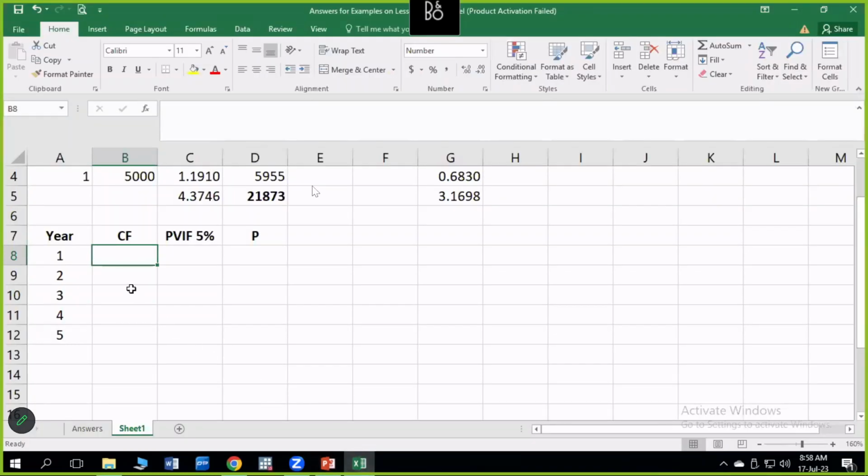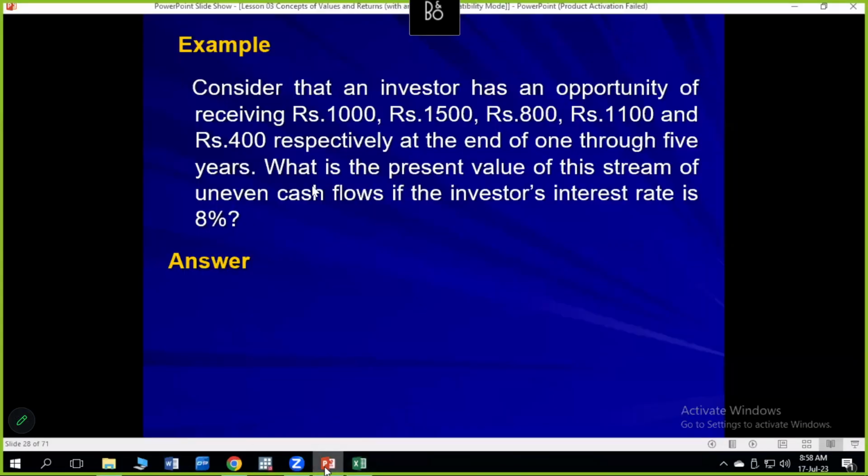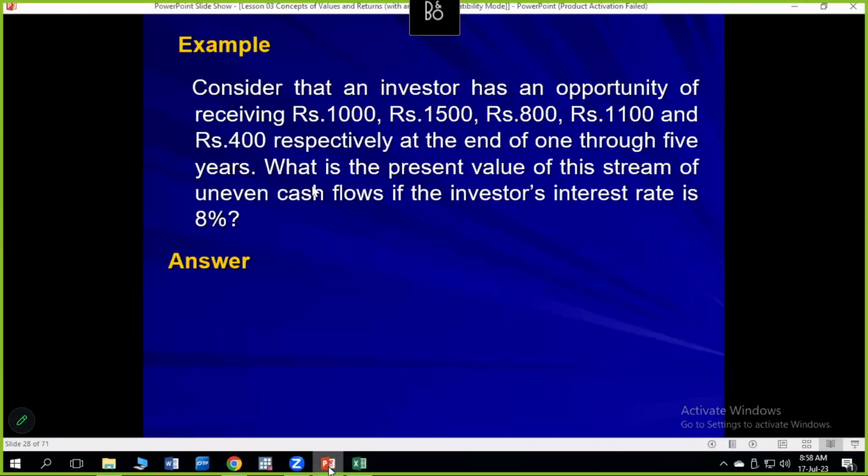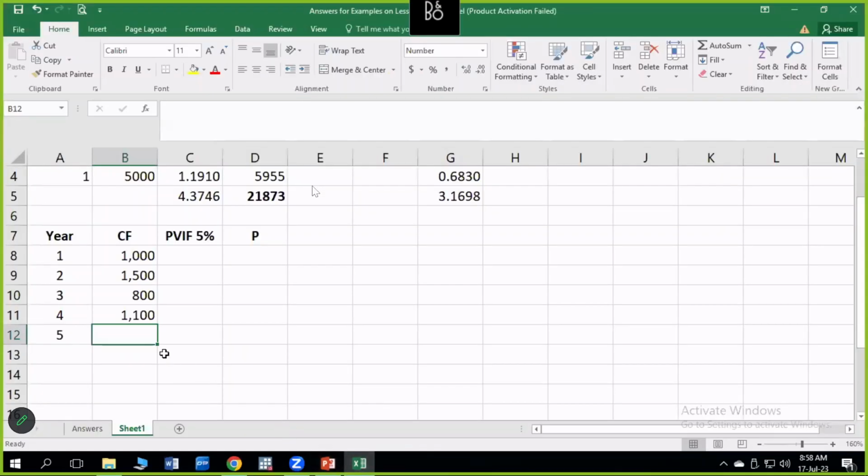You can list all these out. Finally, the last cash flow is 400.